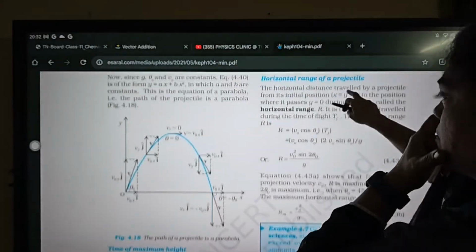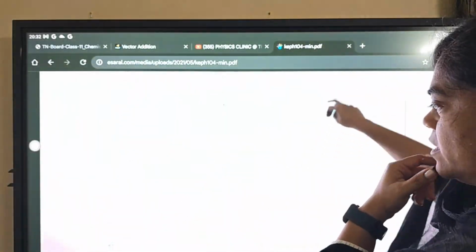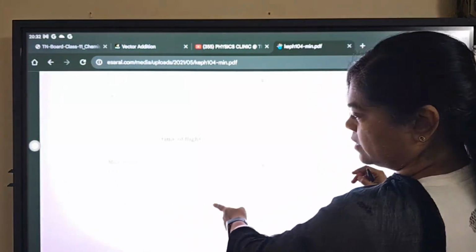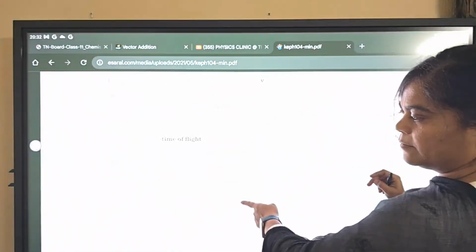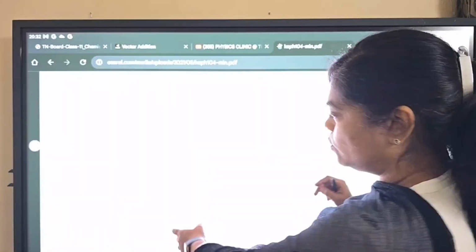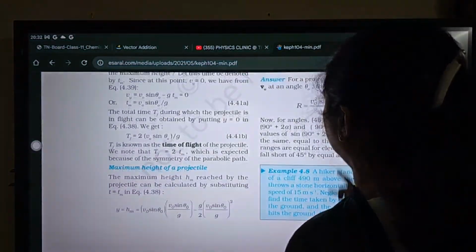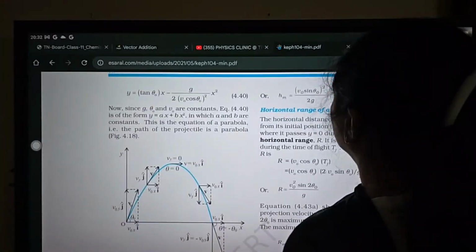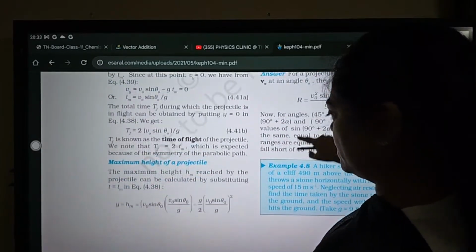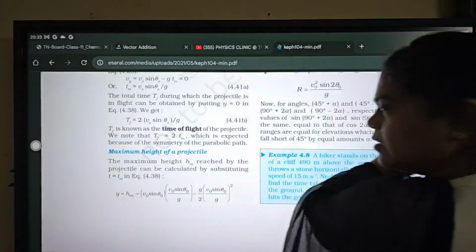So you can substitute everything and find out from this. Here also V naught square sin square theta, and here also V naught square sin square theta. But here g square is available, and here only g is available. How can you get the maximum height here?